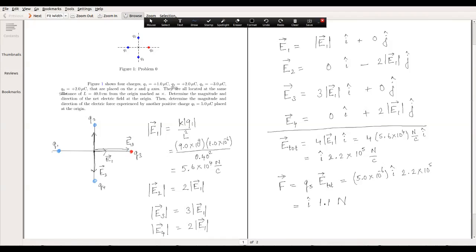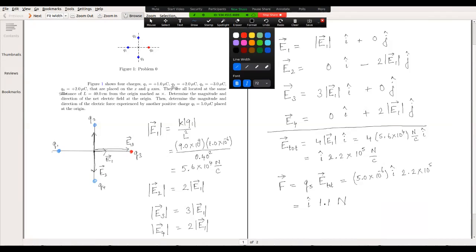So the magnitude is 1.1, the unit is Newton, and the direction is horizontal, that is to the right. So that completes the problem, and let me stop sharing and then stop the recording.